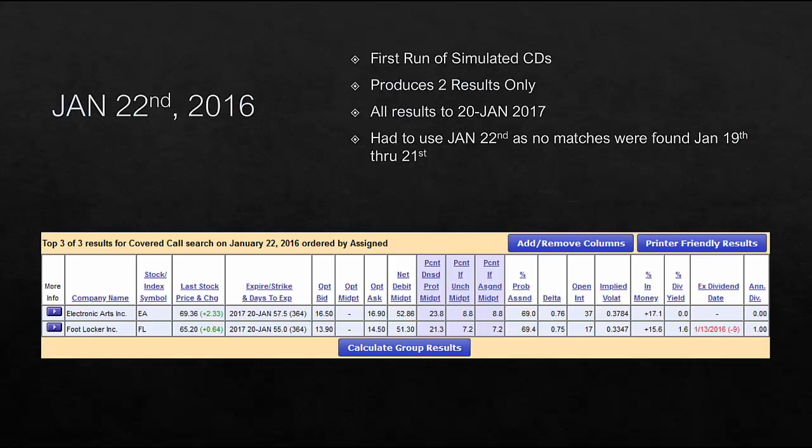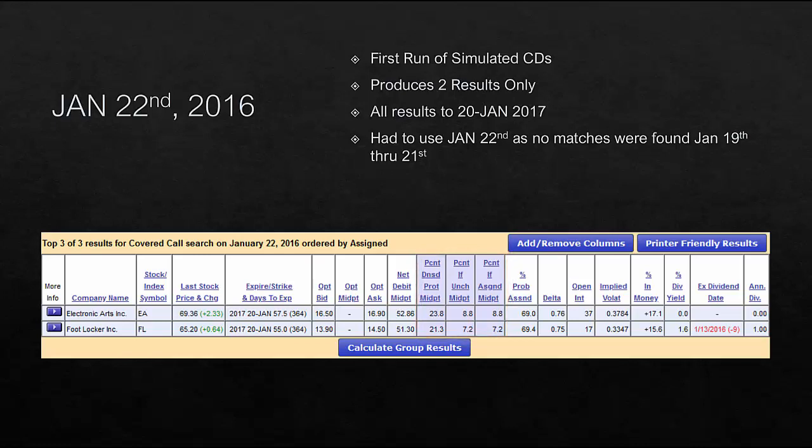We have 2 covered call results that match the criteria: Electronic Arts, EA, and Foot Locker. As you can see, both offer a 23 and 21% downside protection, but not as high a percent return if assigned as we were hoping. We see an 8.8% and 7.2% if assigned, not quite into double digits.